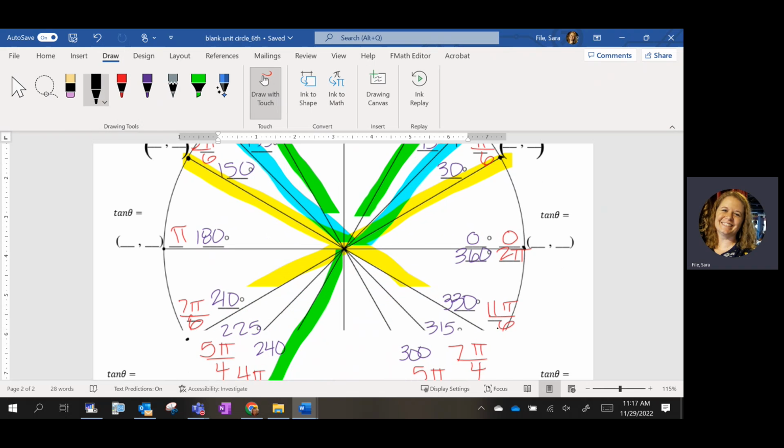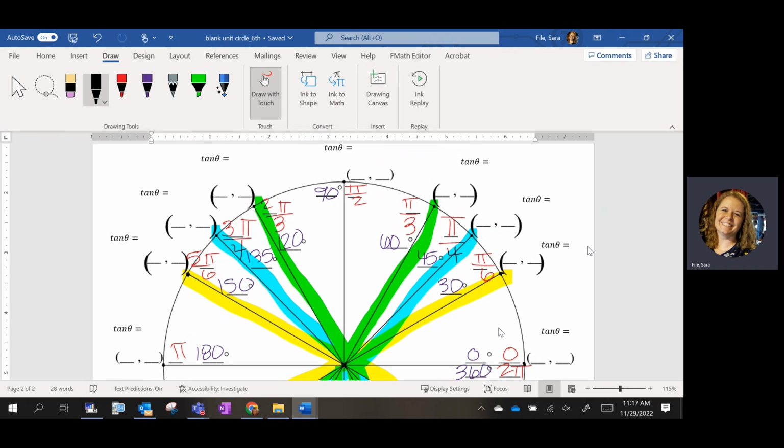I'm going to zoom in on this. So before we look at those, let's just look at the quadrantal. So if I'm on the x-axis, tell me again, what's the radius of the unit circle? So what would the coordinate of this point be?